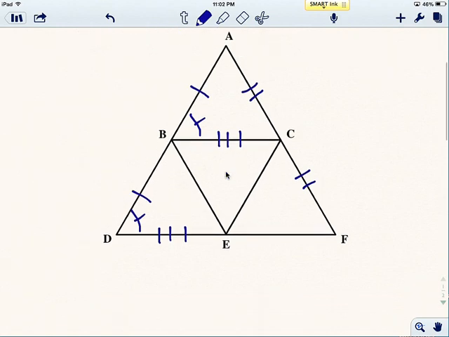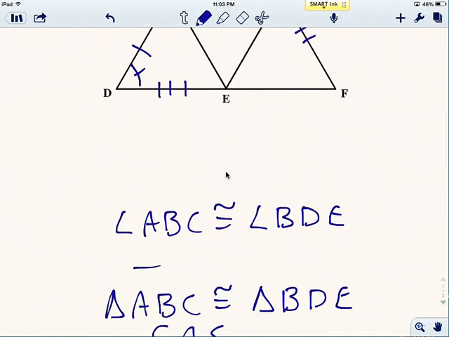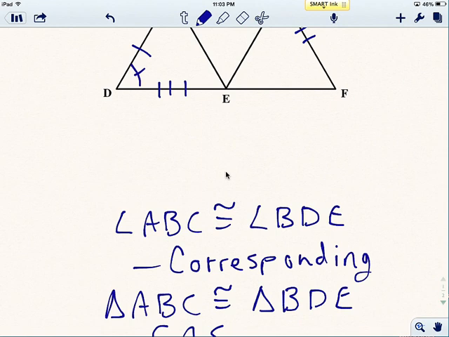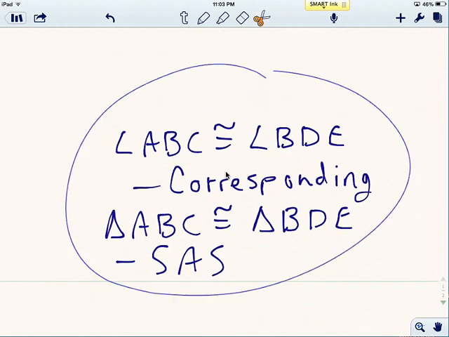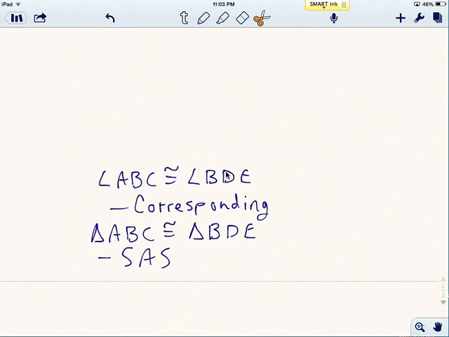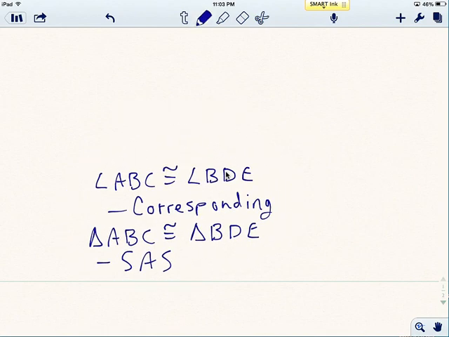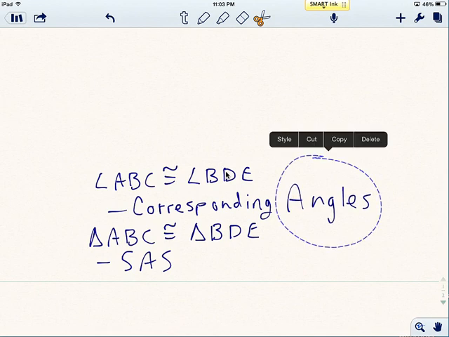So let's go ahead down here and let's say that we're going to prove that by saying corresponding angles. And that's one of our theorems, right? It should be on the cheat sheet. Let's take all of this and make it smaller. We'll shrink it on down. And then I'll write angles nice and big here. And then I can shrink it too. Okay, so I've got angles, and I'll stick it right there.